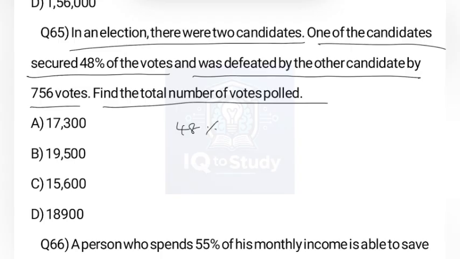If one candidate secured 48%, then 100 minus 48 is equal to 52%, which is the other's votes.